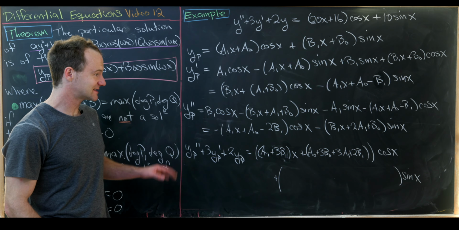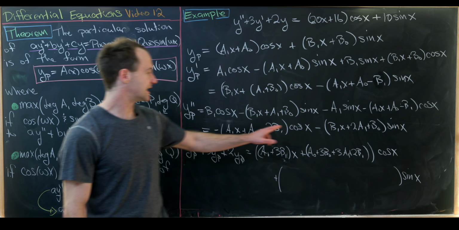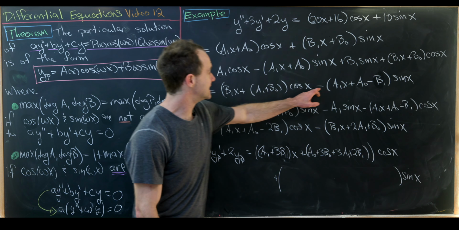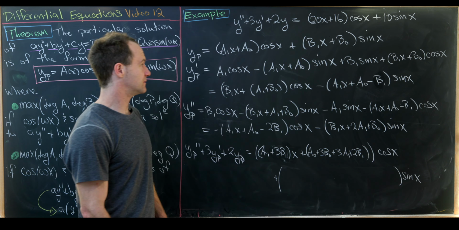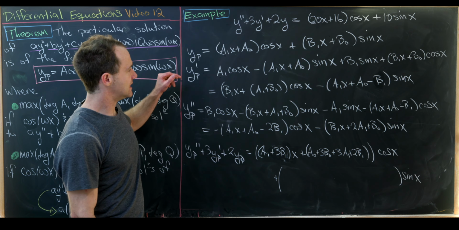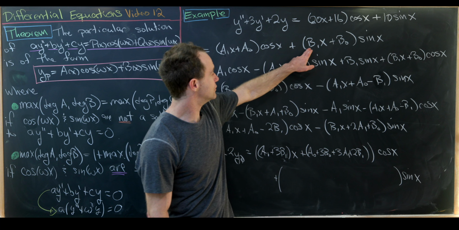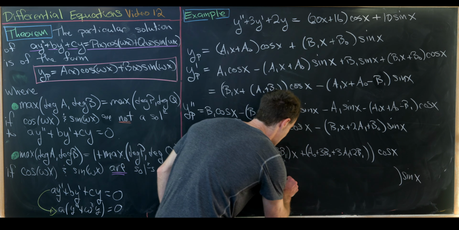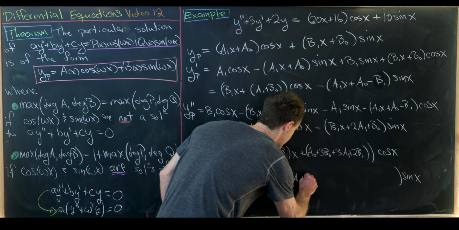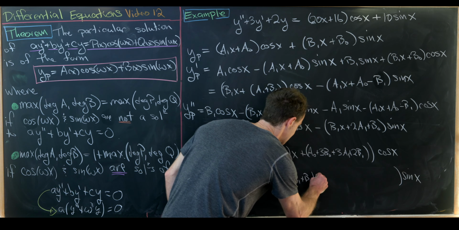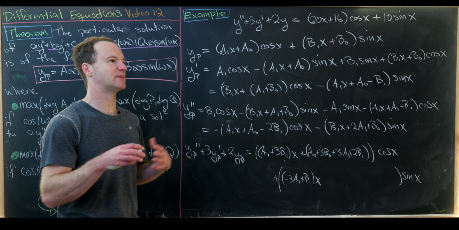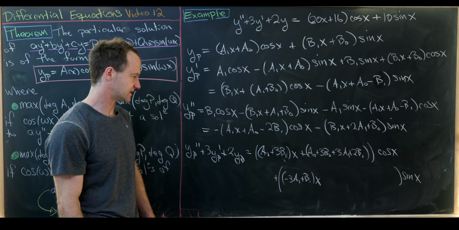So let's see, for x times sine of x, we'll get a minus b1 from this term, a minus 3a1 from this term, and then a plus 2b1 from this term. So in the end, that'll be minus 3a1 plus b1 times x. And look, this has a nice similar shape to what's going on right here, and that kind of makes sense just by the behavior of sine and cosine.